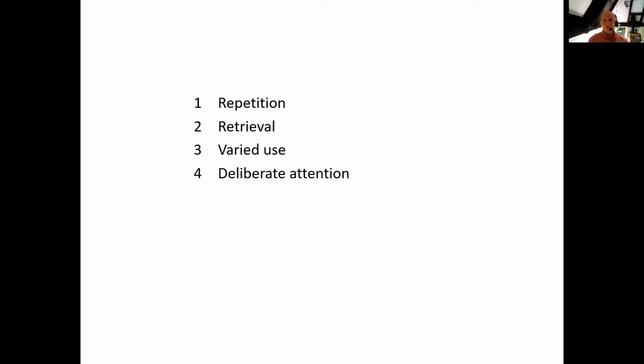Now, retrieval involves meeting something that you've met before and having to make some recall of what you met before. Now, when people do extensive reading, which involves reading lots and lots of material, and if the material is at the right level for the learners, then the same unknown vocabulary will occur several times in the reading.